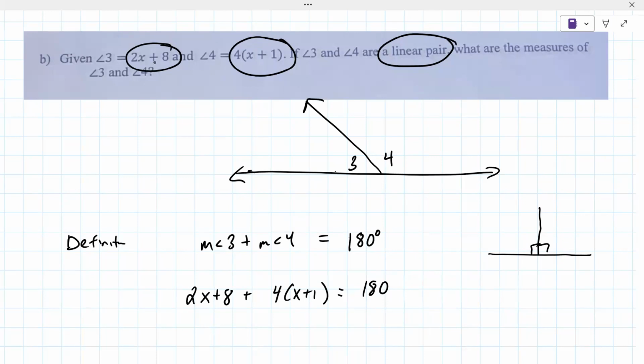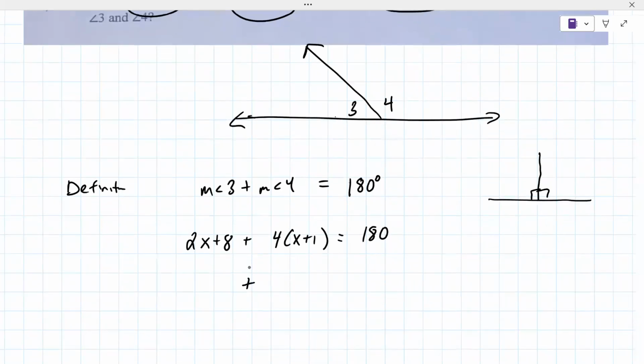First, multiplying the 4 into the x on the one. Okay, so tell me what that becomes. 4x plus 4. Okay. Now what do you see as needing to be done to solve this? To combine the like terms.